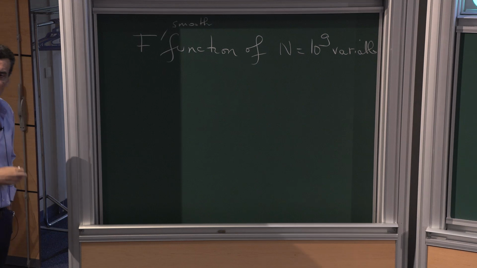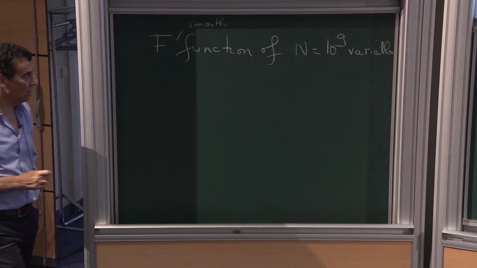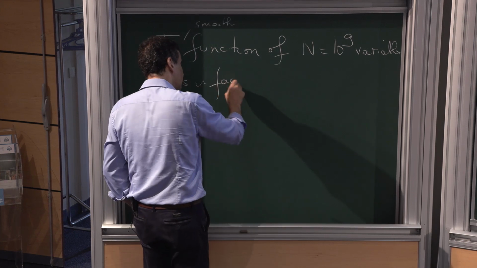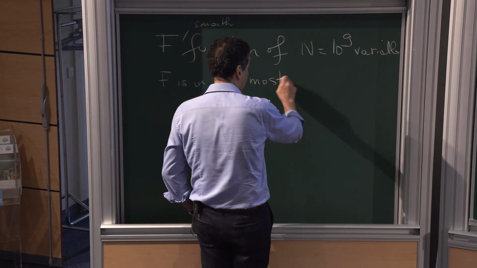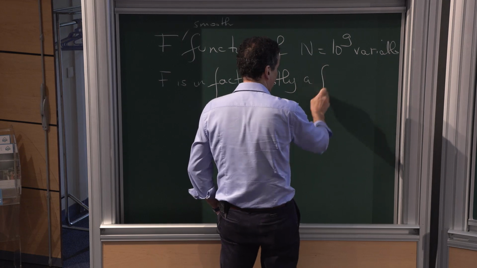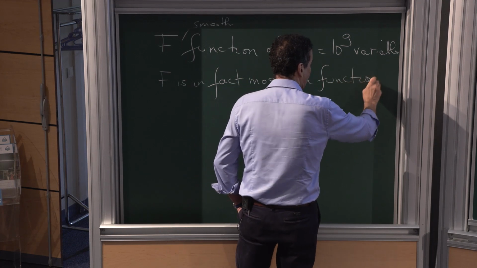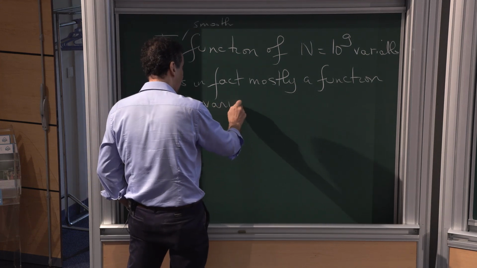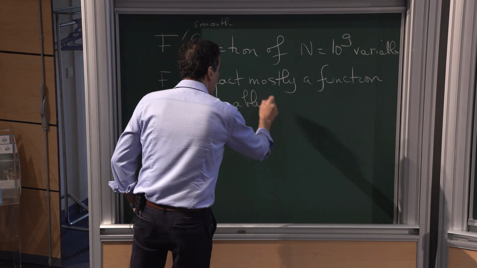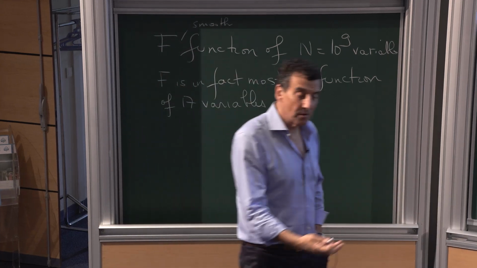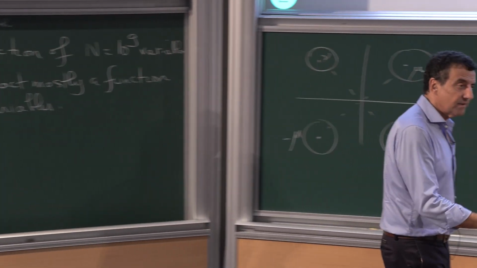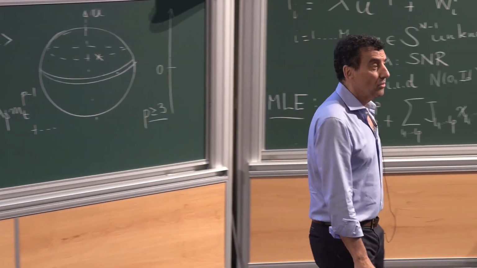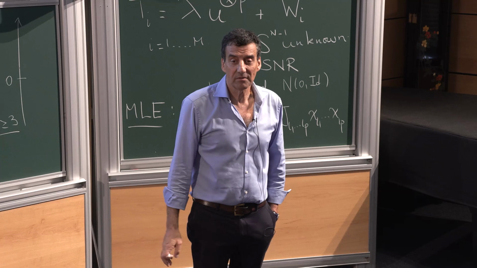A nice smooth function of 10 to the 9 variables. And you want to say f is in fact mostly a function of 17 variables. Again, I'm coming back, all these intuitions come from basic statistics of the 18th and 19th century. So how would you state that?